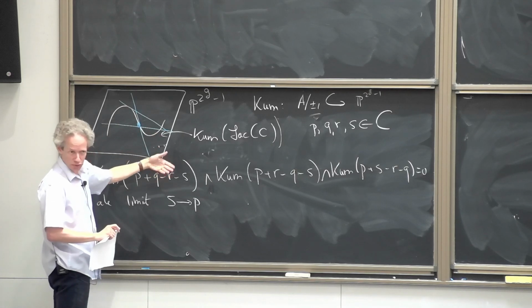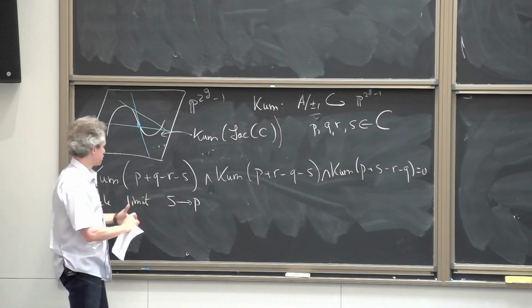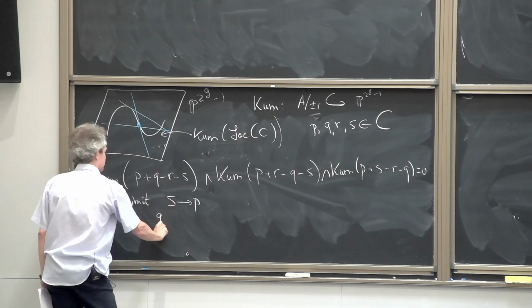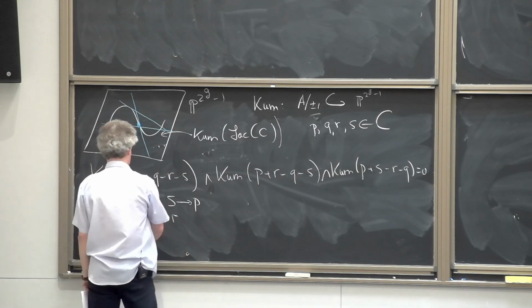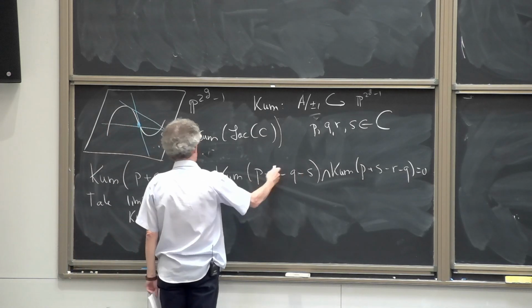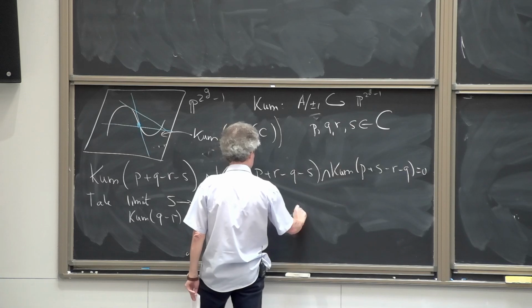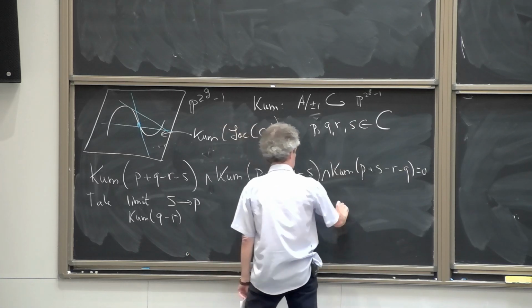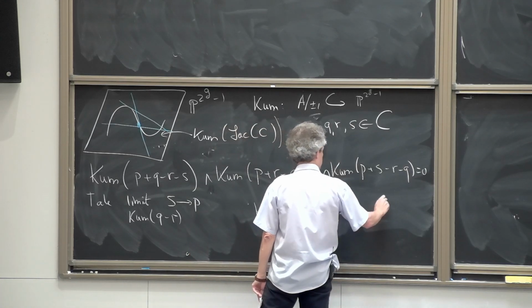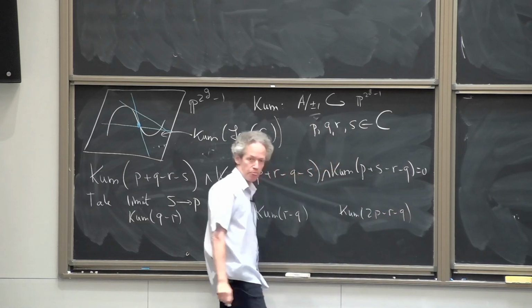So what we are doing now is an elementary computation of how these points depend on this. So if S goes to P, it cancels here. I get Q minus R. If S is P, this cancels here. I get the Kummer image of R minus Q. And here I get the Kummer image of, well, this is 2P minus R minus Q, right?